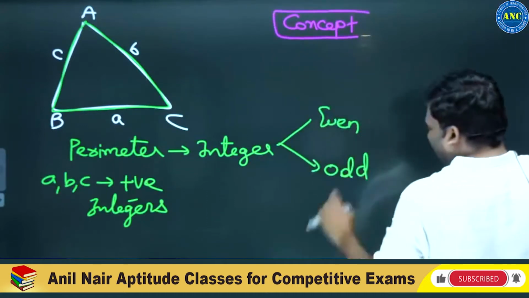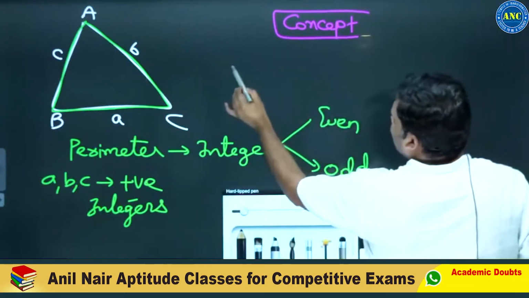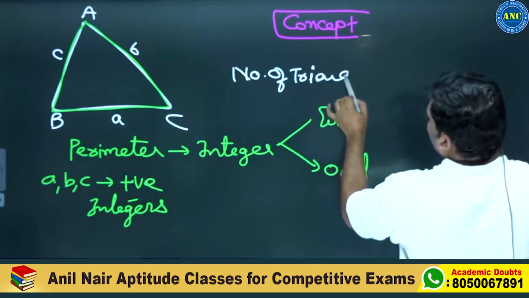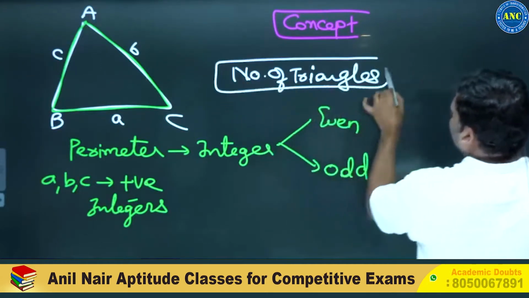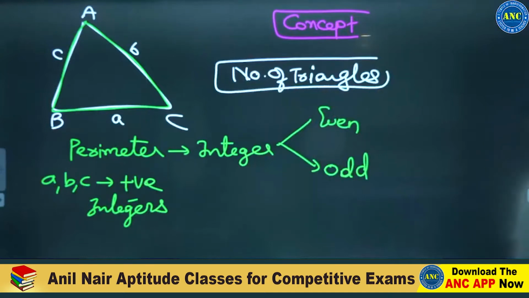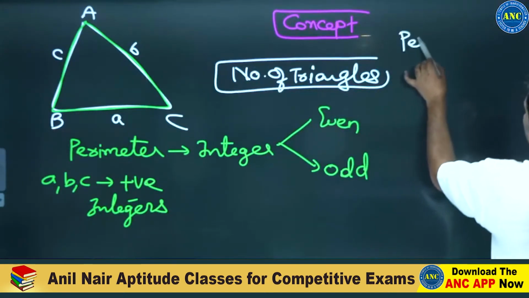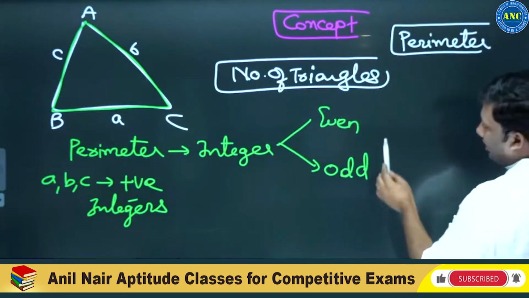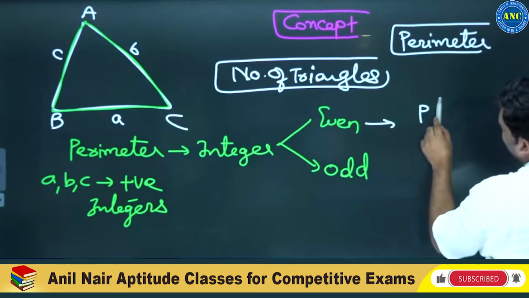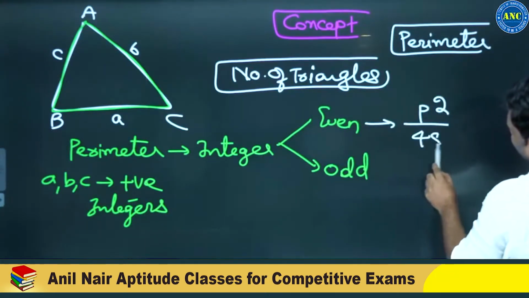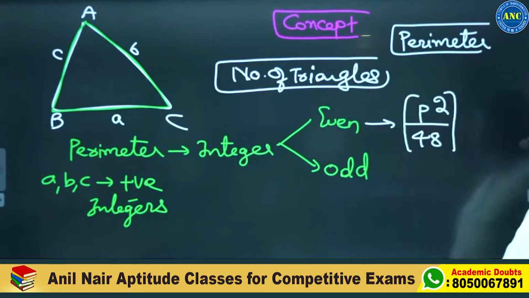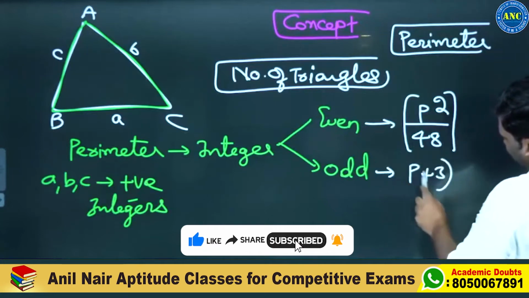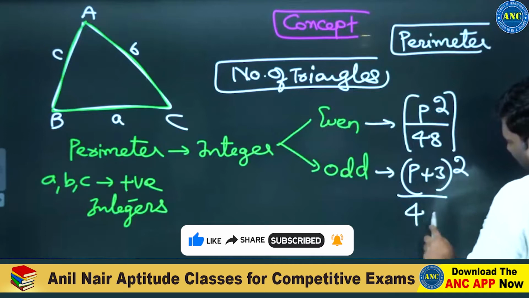If a perimeter is given, the number of triangles that can be formed, I will tell you even without a formula. This is Krishnamurthy's concept. If the perimeter p is given, the number of distinct triangles, if p is an even value, is the nearest integer function of p square by 48. If it is an odd number, it is the nearest integer function of (p plus 3) whole square by 48.